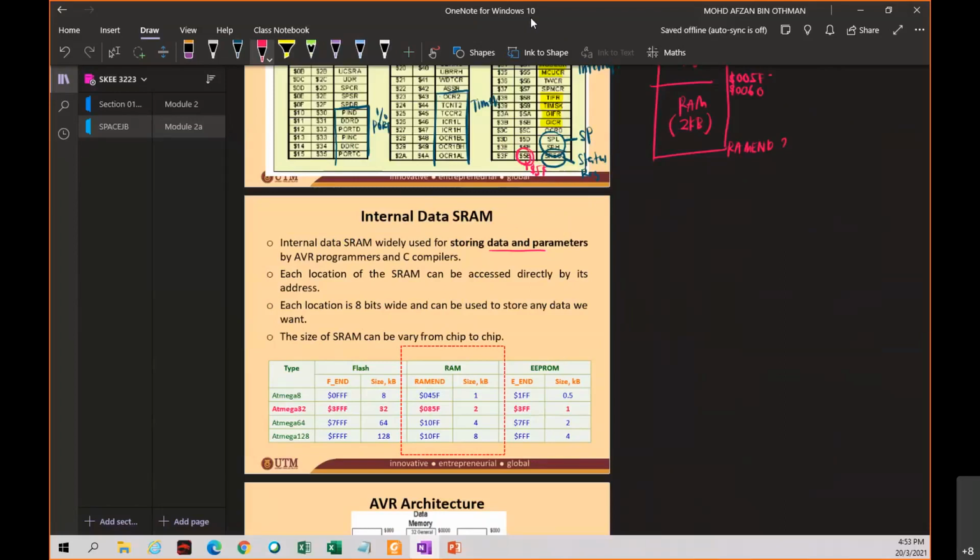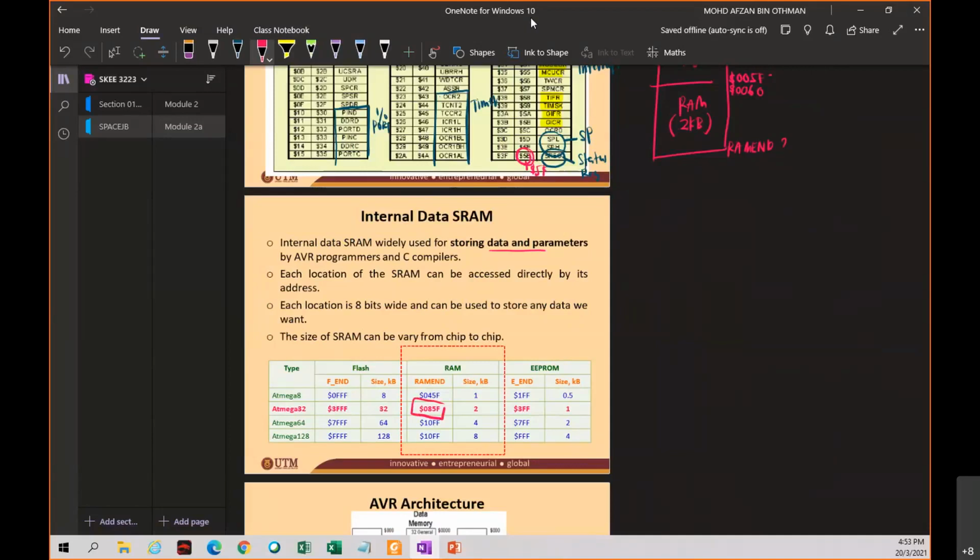In this ATmega32, the size of RAM is 2 KB. So how do we get the end address of our RAM? If we look here, the end address is 085F.